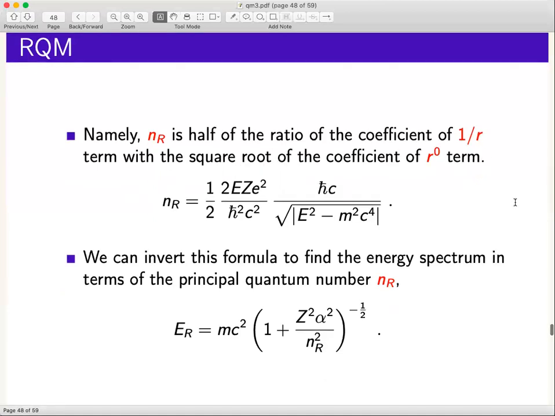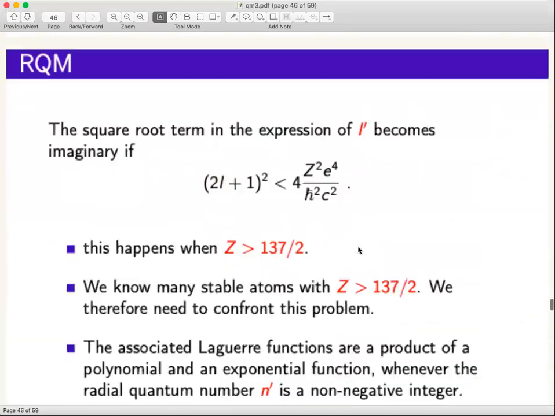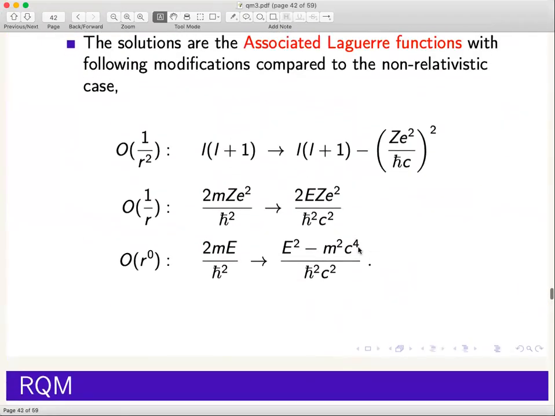So this is how the sentence should really be: n_r is half of the ratio of the coefficient of 1 over r with the square root of the coefficient of the r to the 0 term.